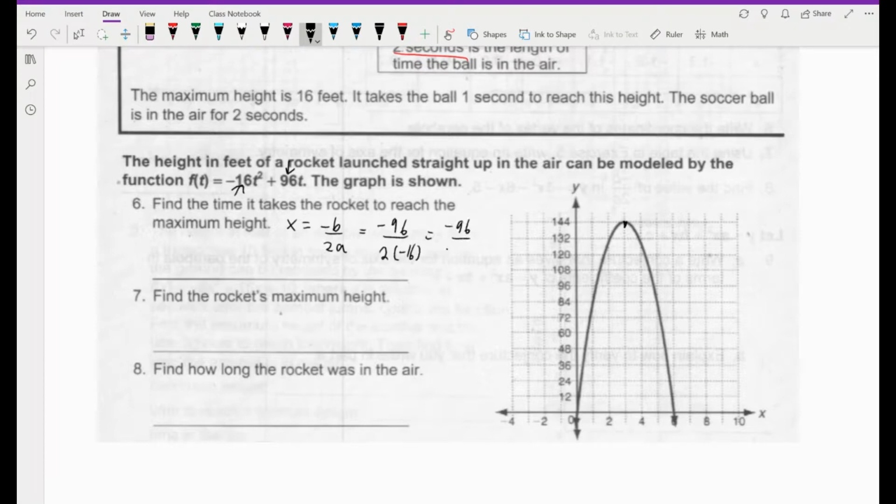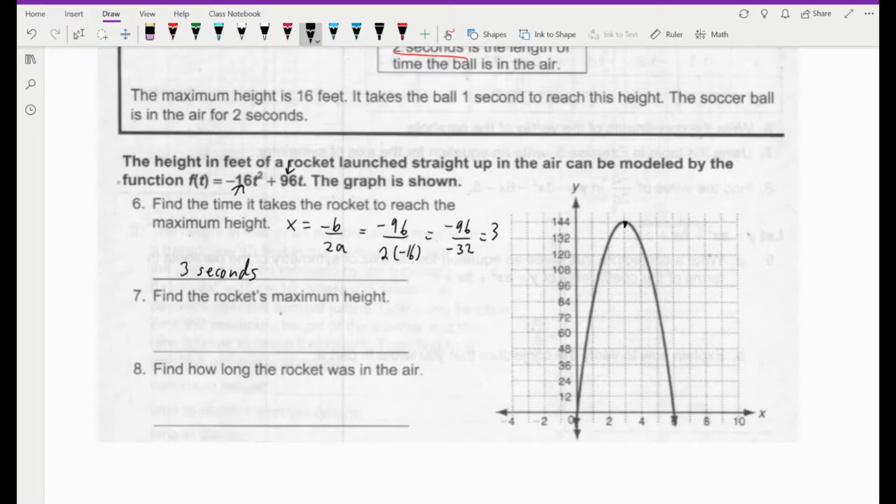Negative 96 over negative 32, which comes out to 3. It says find the time for number 6. Find the time it takes the rocket to reach the maximum height. We know it's going to take 3 seconds because that is the axis of symmetry.